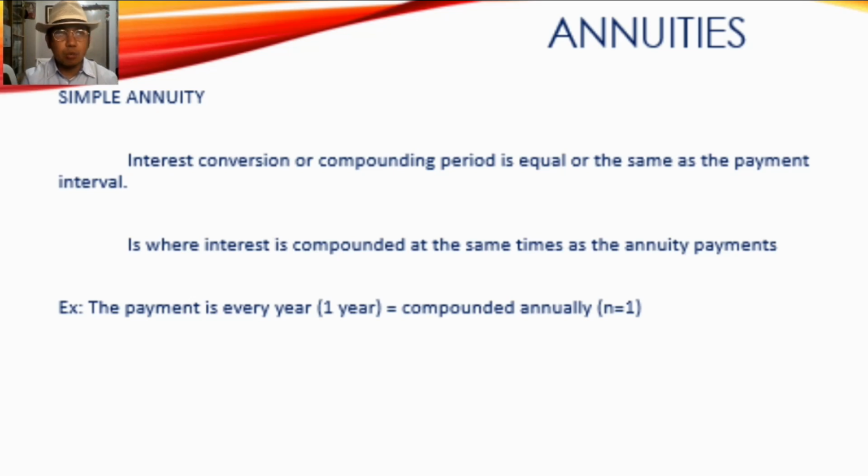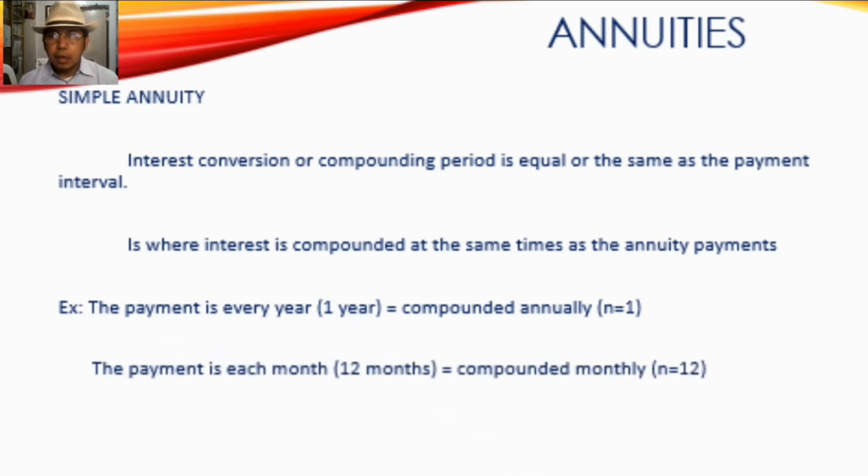That is 1. And what is the interest conversion or compounding period? It is compounded annually, wherein the length of that compounding is 12 months, meaning 1 year is the same as the length of the compounding period, which is 1.